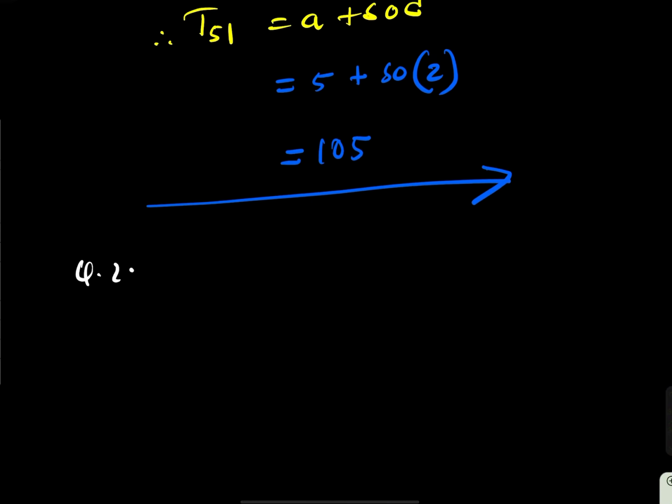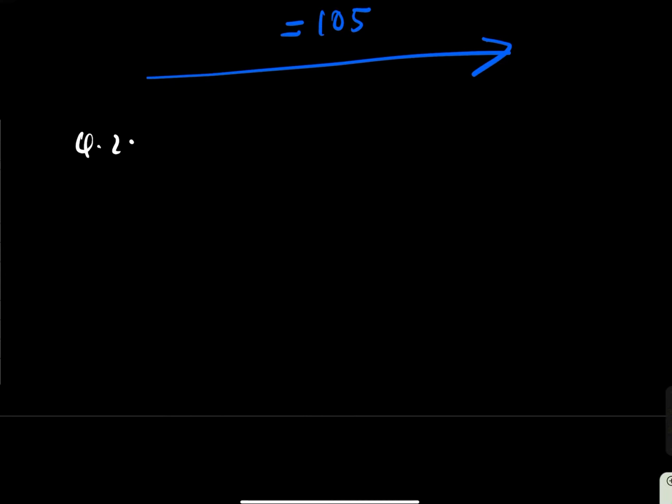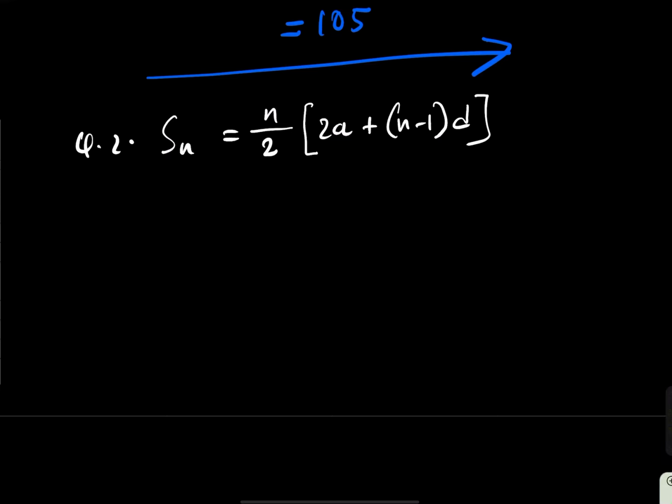That was 4.1. The arithmetic series behaves like this: Sn is equal to n over 2 times 2a plus n minus 1 times d. And please, you must know how to prove this formula.